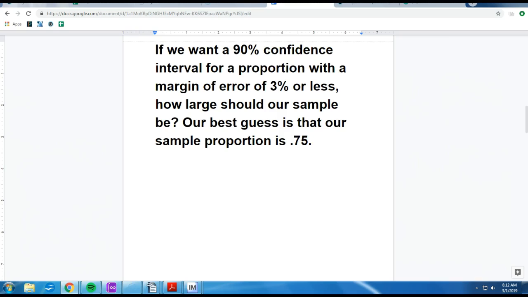If I don't tell you the sample proportion, you use 0.5 every time. That's the safest number you can use. But sometimes they'll tell you. So this 0.75 is what you're going to use for p hat, because they're saying we think p hat is about 0.75. So same process, you just don't have to guess what p hat is on this one.